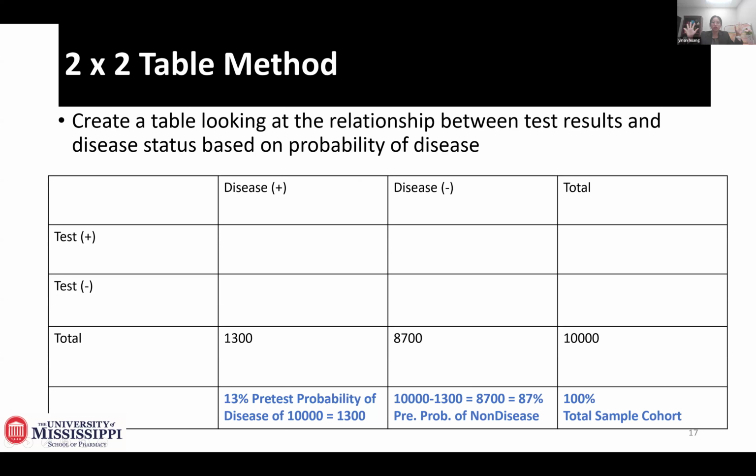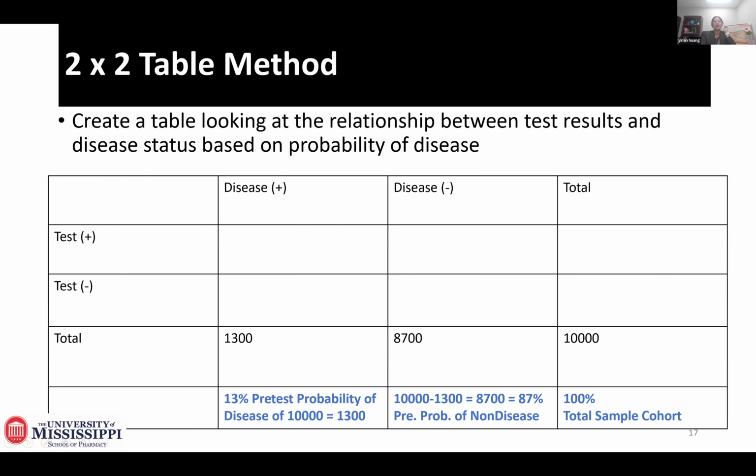Now, let's create a 2x2 table. As mentioned, on the left side we have the possible testing results. On the top, we have the actual disease status, diseased and disease-free. Suppose we have a total of 10,000 Mississippi residents, so the total here is 10,000.